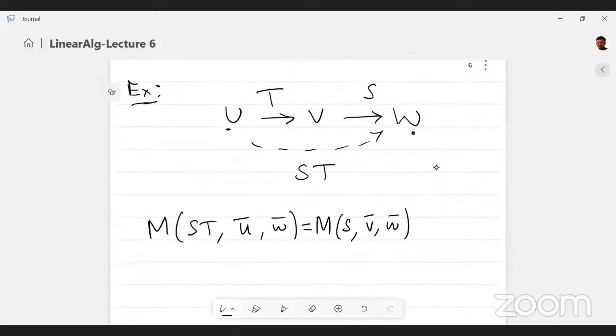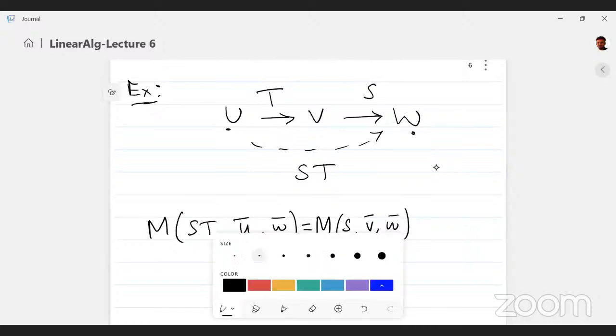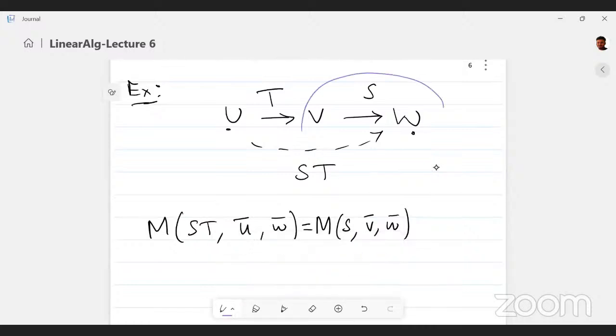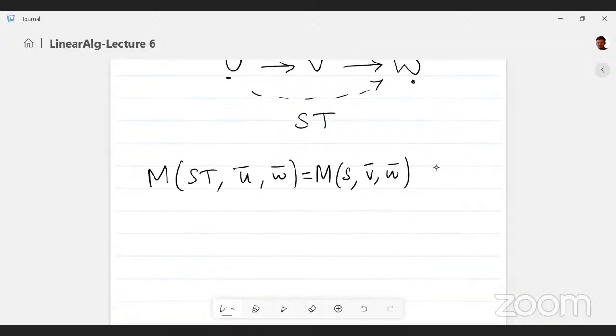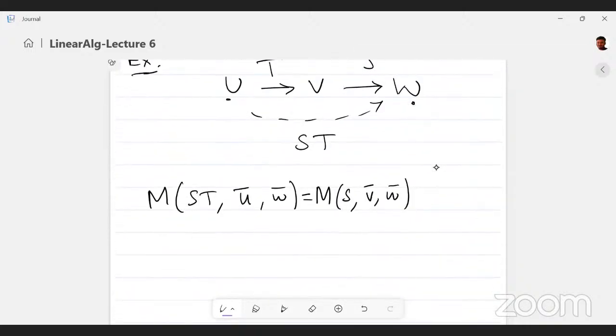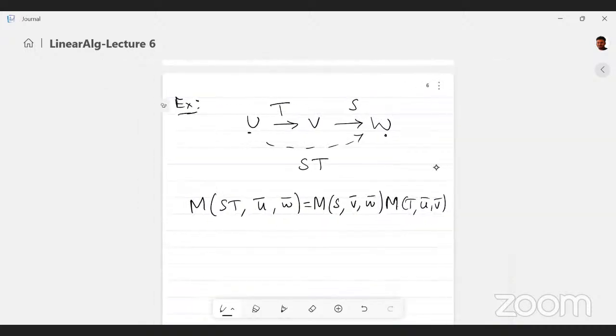Okay. Because this is S, so this is S. So similarly, matrix of T with respect to U bar and V bar. Okay, so corresponding things separate.